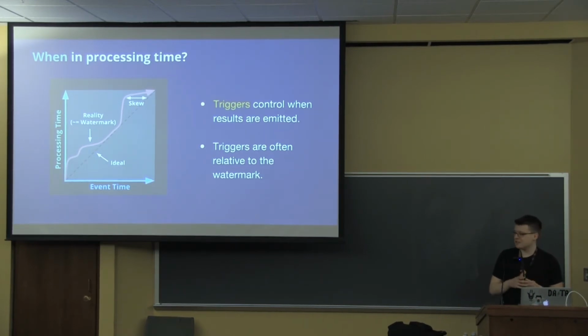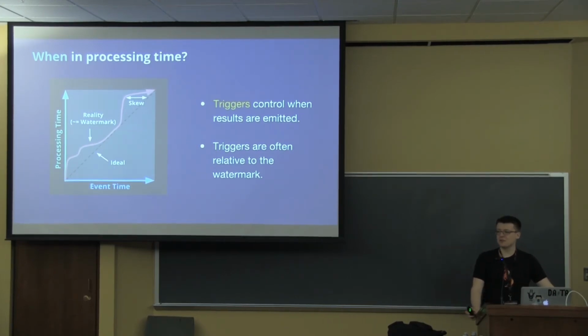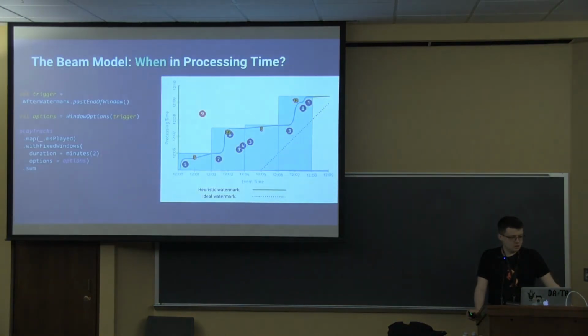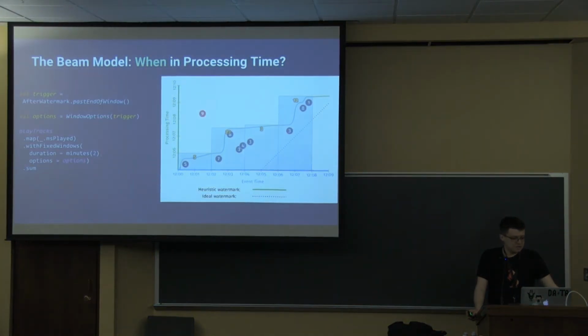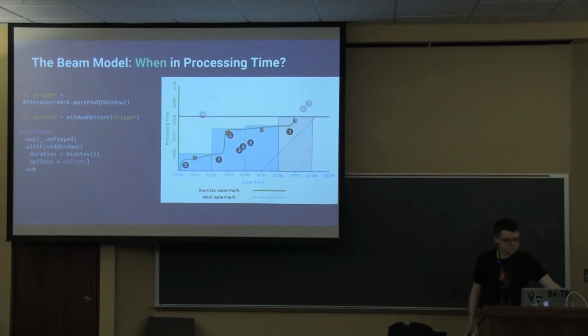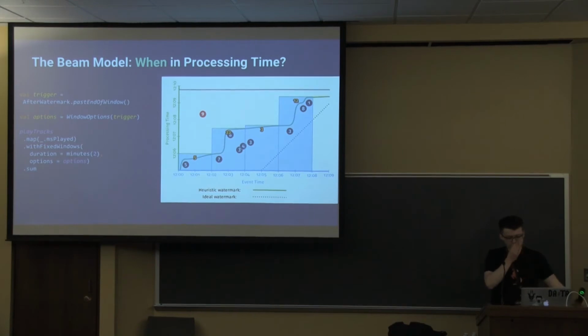And often it's an art to have a good watermark, but it's not possible in the real world unless you have absolute information about all your devices. So there is usually a big trade-off between choosing the right watermark and having good latency. And luckily in Beam you can configure it in many different ways. So in this case, we want to define a trigger, and we want to say that we're going to emit results just after the watermark.